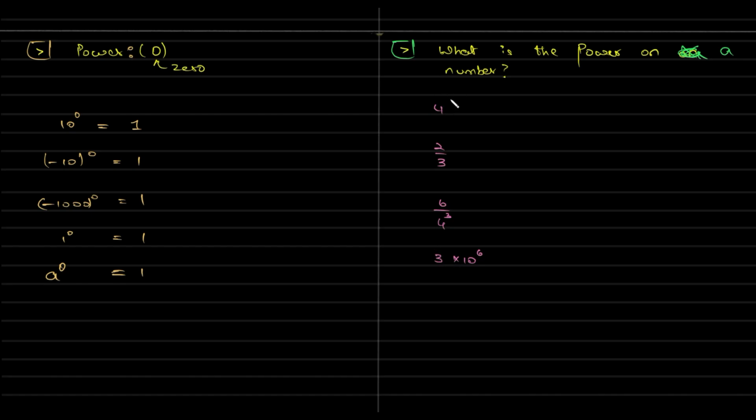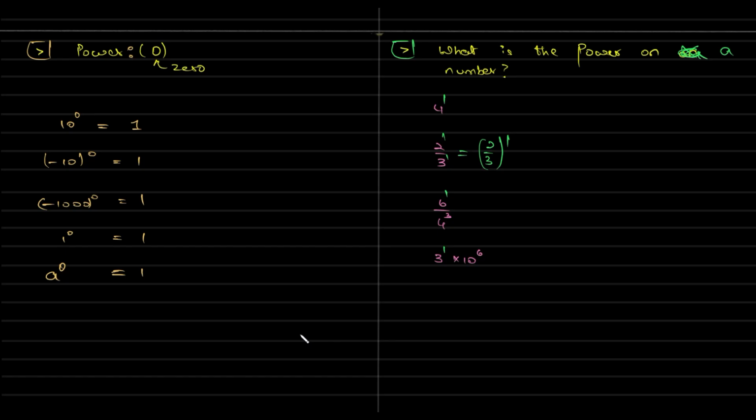Well, they do have power, that is 1. 2 by 3 whole to the power of 1, 6 to the power of 1, 3 to the power of 1. So all of them have the power of 1. Right? Quite a few different things that we are doing, but all these are introductory. Once this is over, then the next part is quite simple.